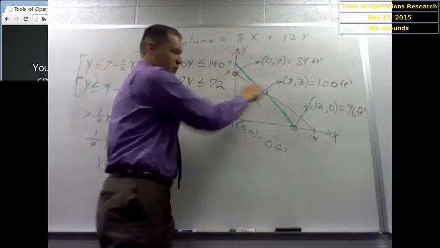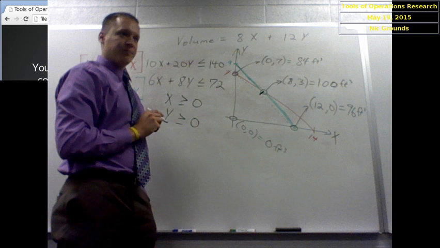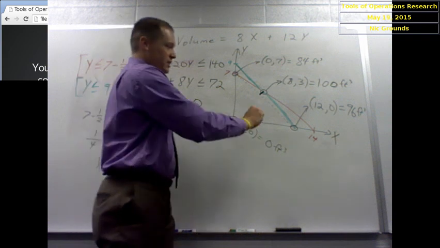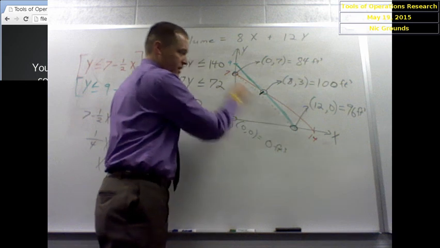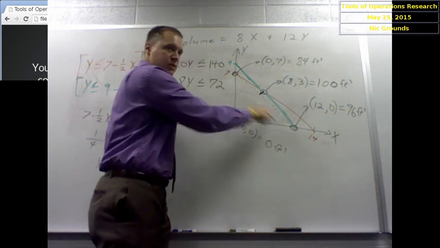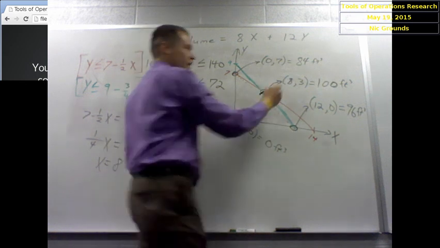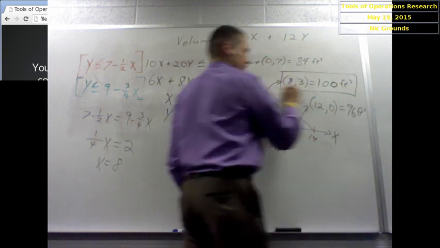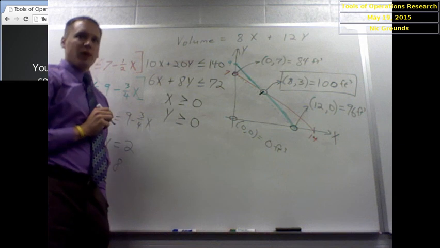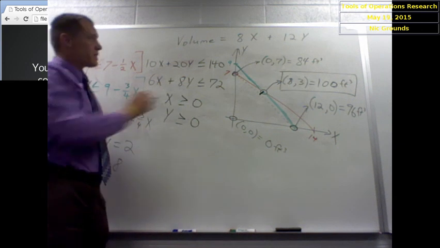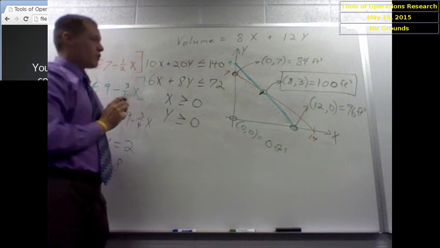So intuitively, it makes sense why that is our best point, right? We can increase x and y more than these 2 base values would allow us in between them. So we find that we will buy 8 x cabinets, 3 y cabinets, okay, to maximize volume.